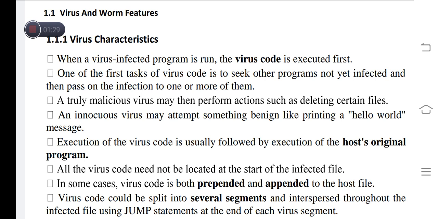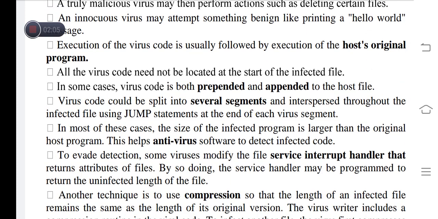So a truly malicious virus may then perform actions such as deleting certain files, right? The virus may also attempt something benign, okay, like printing a message like hello world. And obviously the execution of the virus code is usually followed by the execution of the host's original program, right?